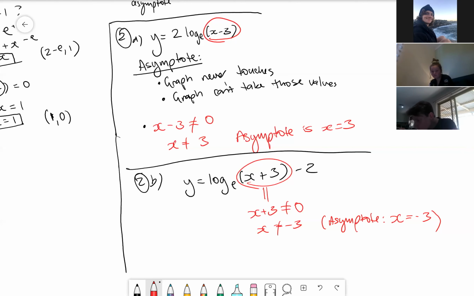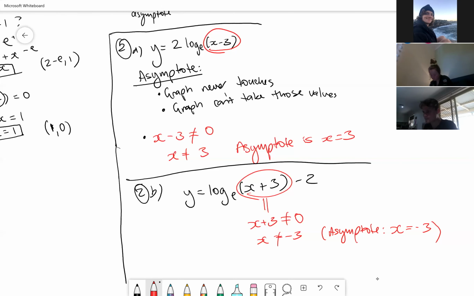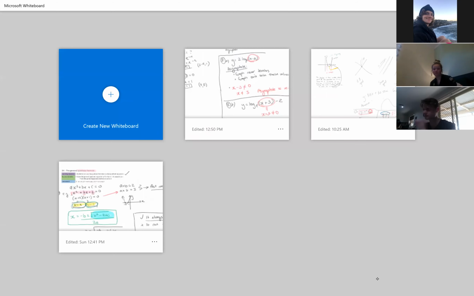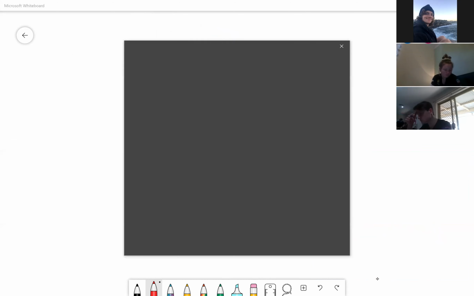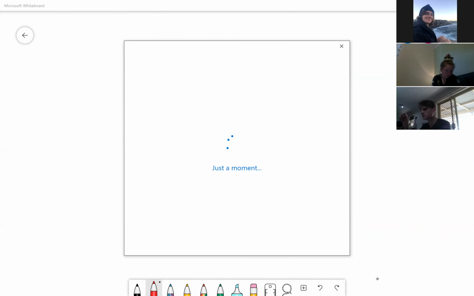Let's have a go at 5F, sorry. Exercise 5F, actually. So we're going to move on to another exercise, because 5E is just basically being able to do this, and if you can do that, you can do it.